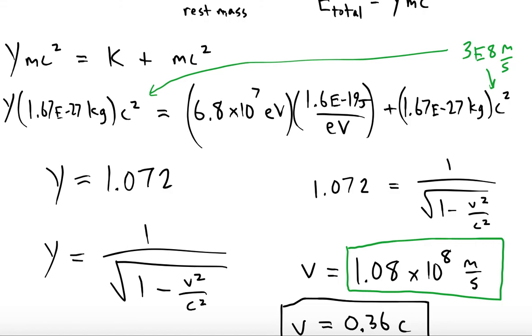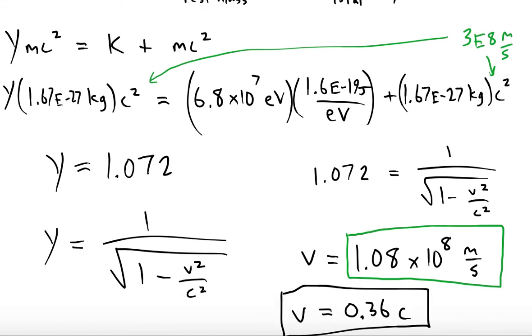Alright, then if you wanted, you could go back and find out exactly how much of it was stored as mass and how much was stored as kinetic energy, right? So this is 1.08 times 10 to the minus 11 joules. And then you could also find out how much energy it has as mass: 1.5 times 10 to the minus 10 joules of energy as mass.